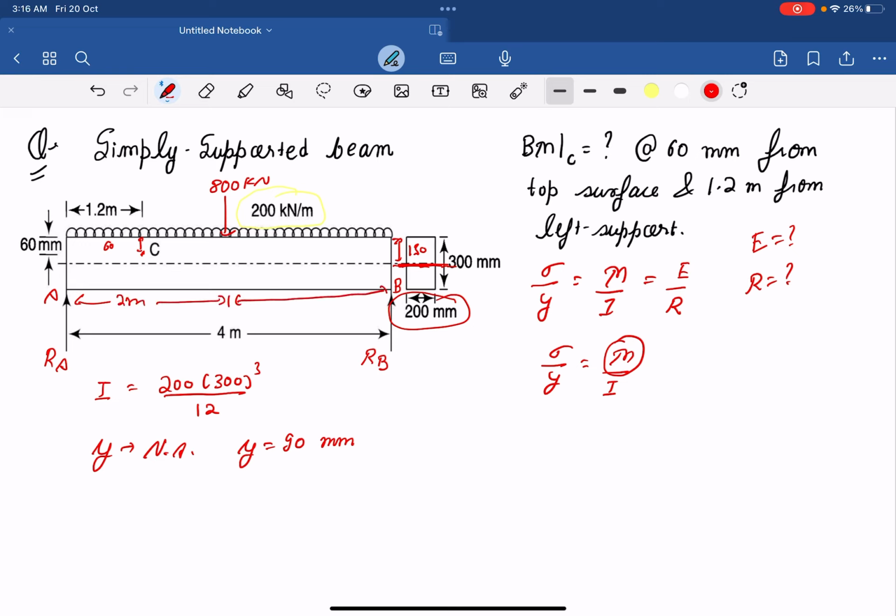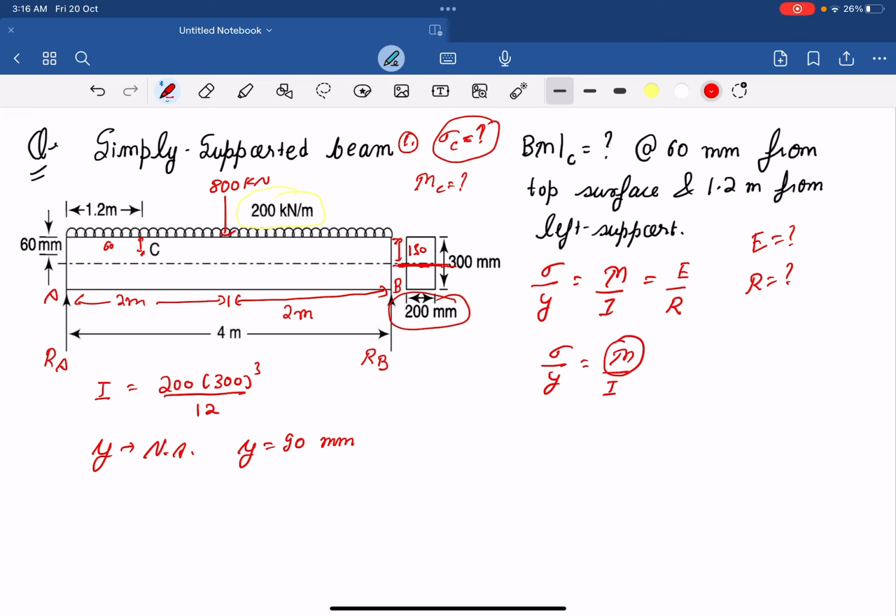and this is also 2 meter, correct? So from here, we have to calculate bending stress at point C, right? So bending moment at point C can easily be calculated.